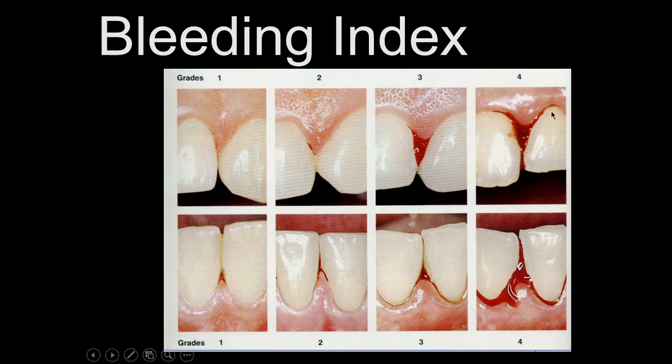Grade number 4 is profuse bleeding. This indicates inflammation. That is why we measure the papillary bleeding index at each visit, because it is an indicator for the gingival state and an indicator for healing.